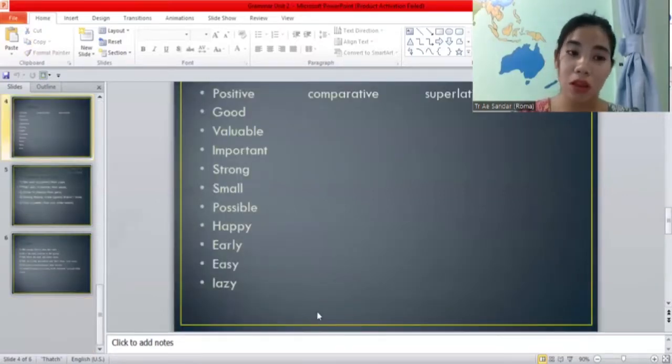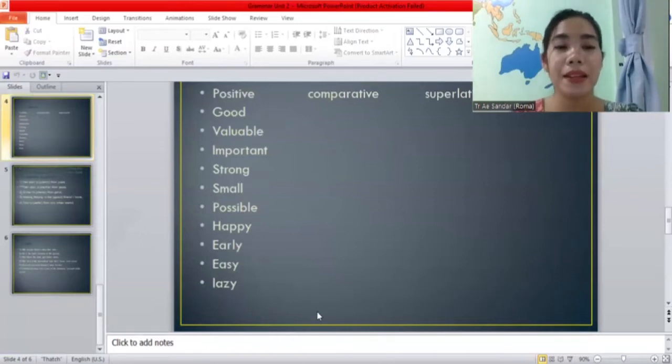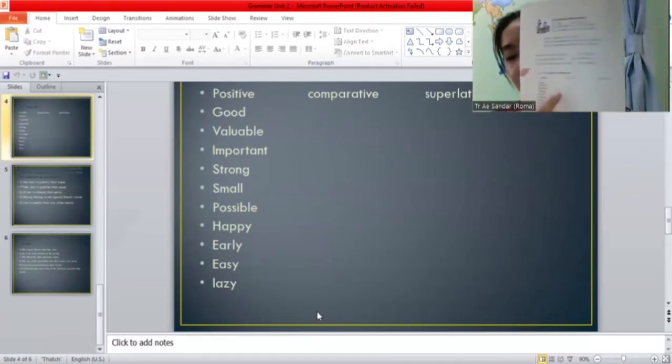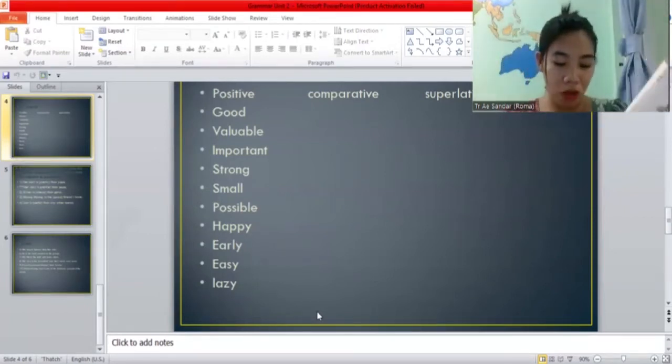lazy. Okay, please do this exercise. Maybe it will be better if you do it in your exercise book. Even if you don't want to write in your exercise book, you can do it in this book, on page number 16.